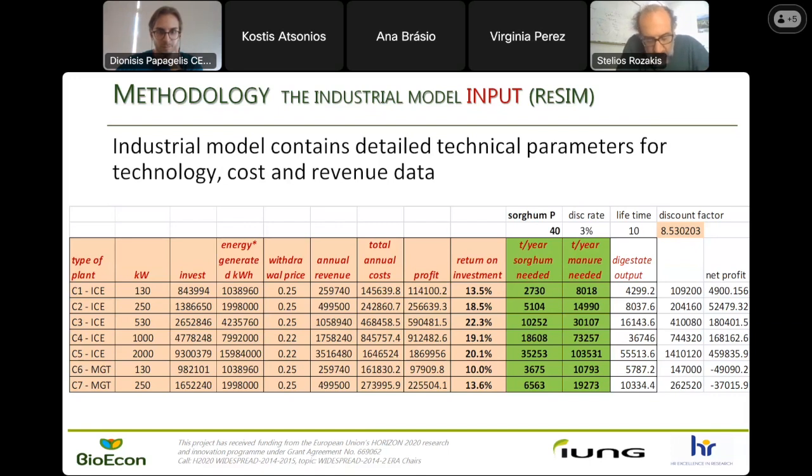So there are different combinations of prices, and in this case, this is just to show the calculations. When the model operates, the price is an input to the model, and based on the other parameters, technology, operating costs, and so on, we derive the profit, let's say the return on investment.